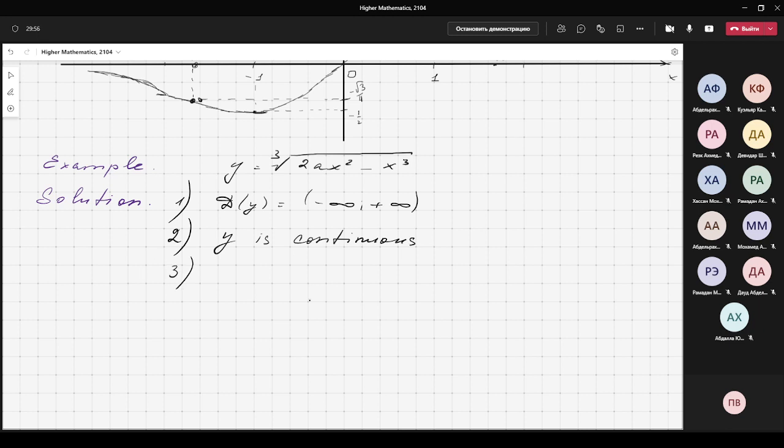The third, test for maximum and minimum. From this, find y prime equals 4a minus 3x over 3 times the cubed root of x times 2a minus x squared.